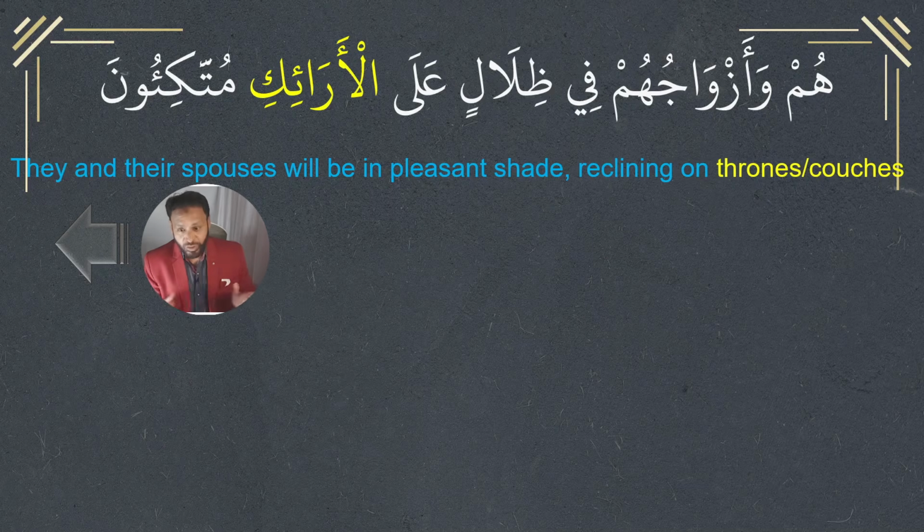So when the traveler wanted to continue his journey, the camels refused many a time to stand up because they just wanted to relax, and that's where this word araik comes from. Luxurious thrones, couches where you feel relaxed, right? So this word transitioned from that tree to the couches, kind of a thing.